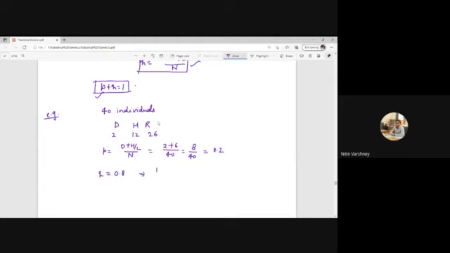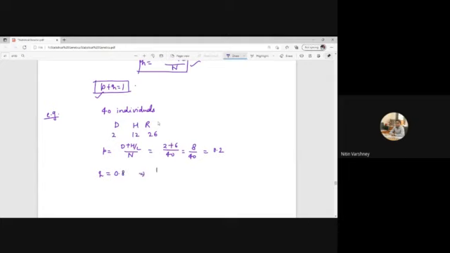Okay, so when these are given in numbers, we will use the DHR formula, that P is equal to D plus H by 2 divided by N. But if in the question the three genotypes are given in percentage, then N will be 100, meaning it is given in percentage, so N will be 1.